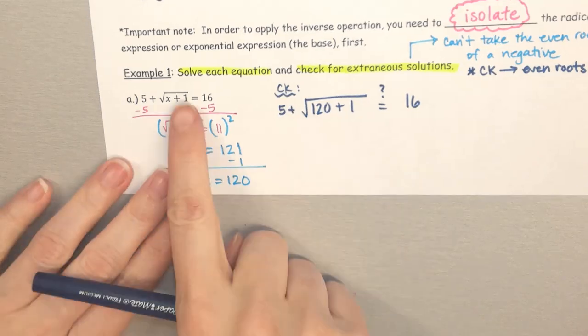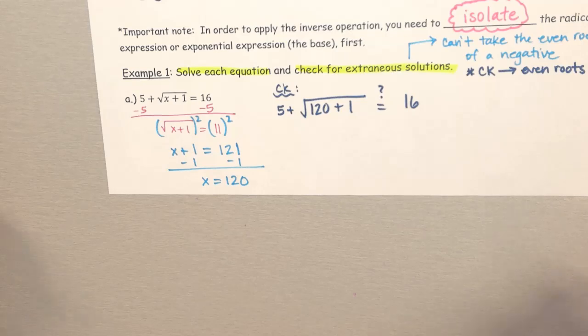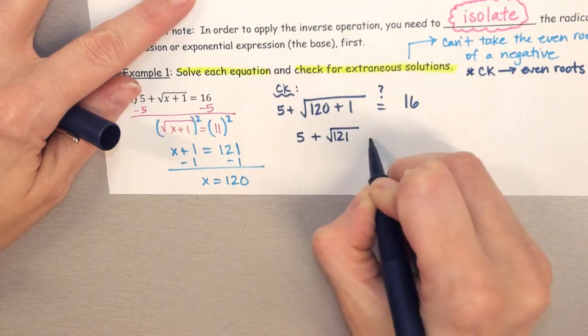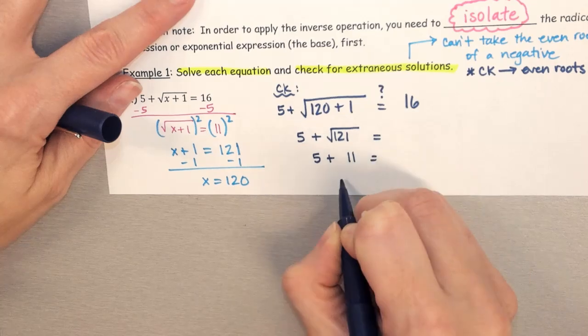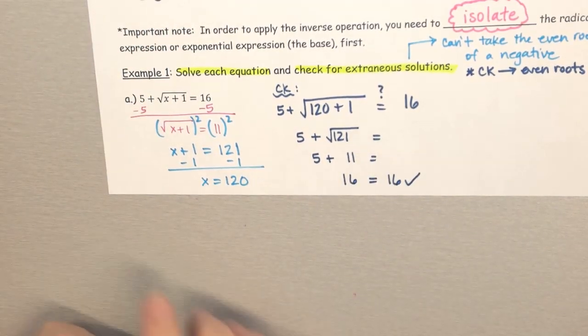You can only do that if you know that they're equal, and we're trying to prove that they're equal. Okay, so then we're just going to simplify here. This becomes the square root of 121. The square root of 121 is 11. When you add it, you get 16, so that is going to check.